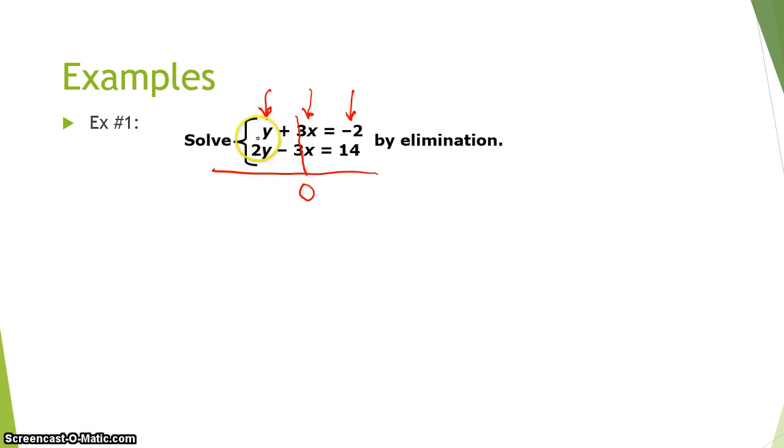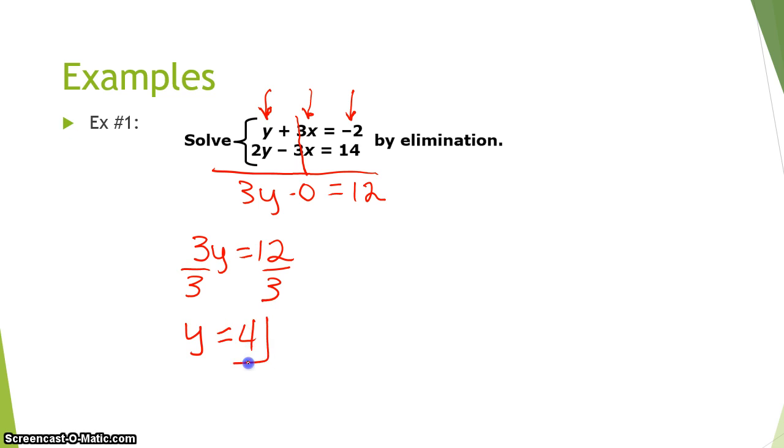When I add my y's, 1y plus 2y is going to give me 3y, minus 0, equals, now we're going to add up our numbers that stand alone, negative 2 and 14, which becomes 12. So when I write this out in the simplified version, I have 3y equals 12. Now I can solve for y by dividing by 3 on each side. So my y is going to equal 4.